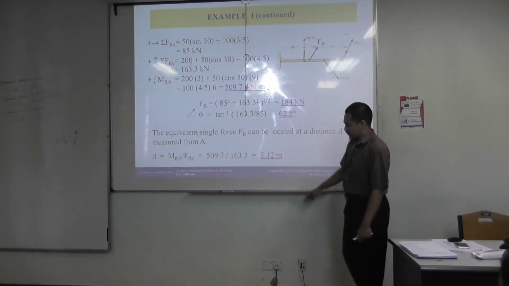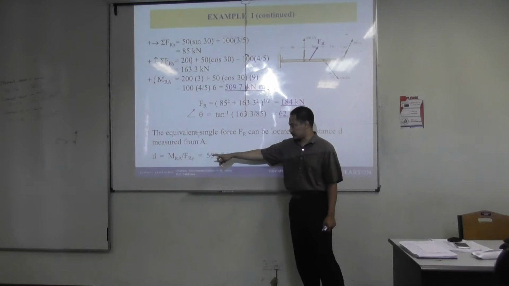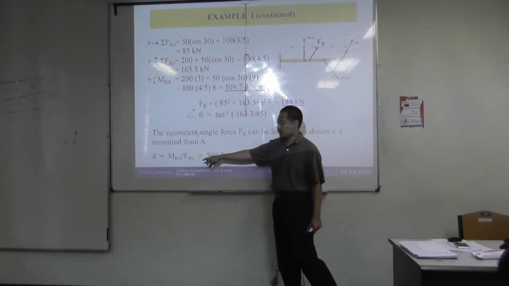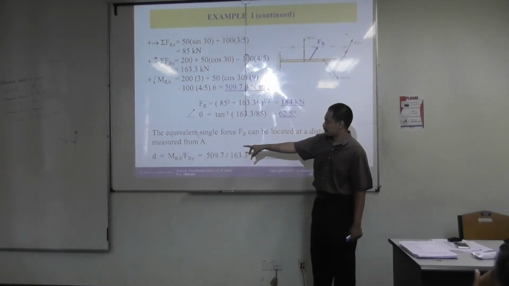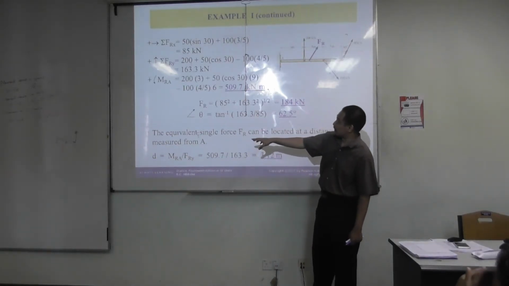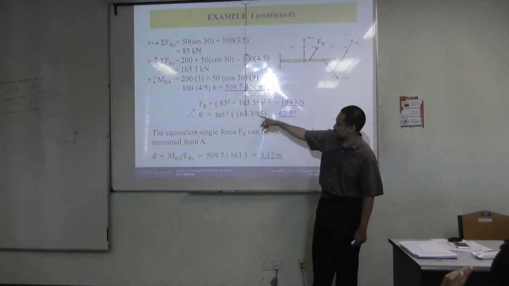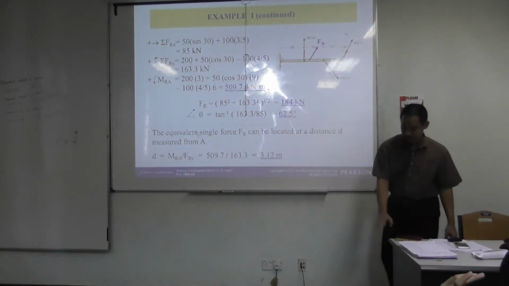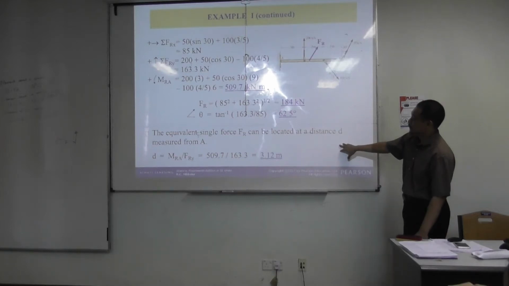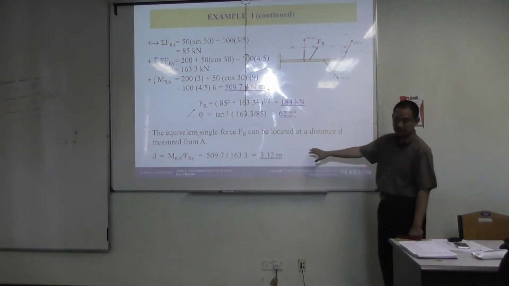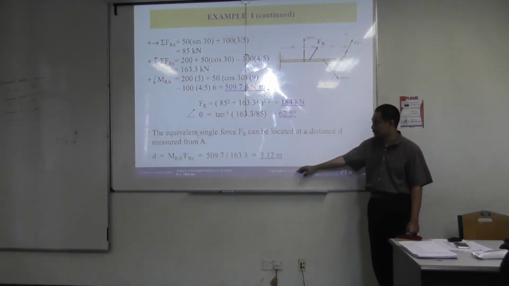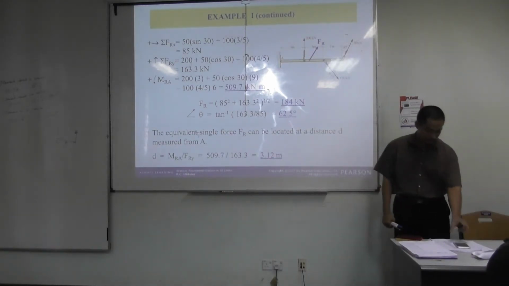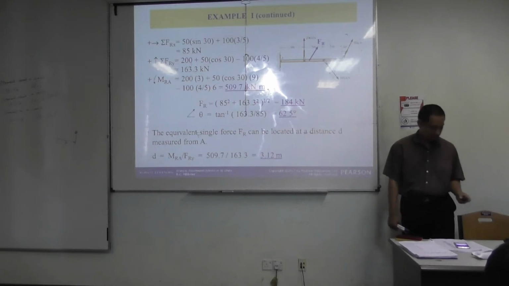Make sure you understand, because sometimes it's okay to memorize and plug in straight away, but sometimes the position is quite tricky if the structure is in a different format. But anyway, as long as you understand what's going on, you should be fine here, right? Any question for this one? Okay.